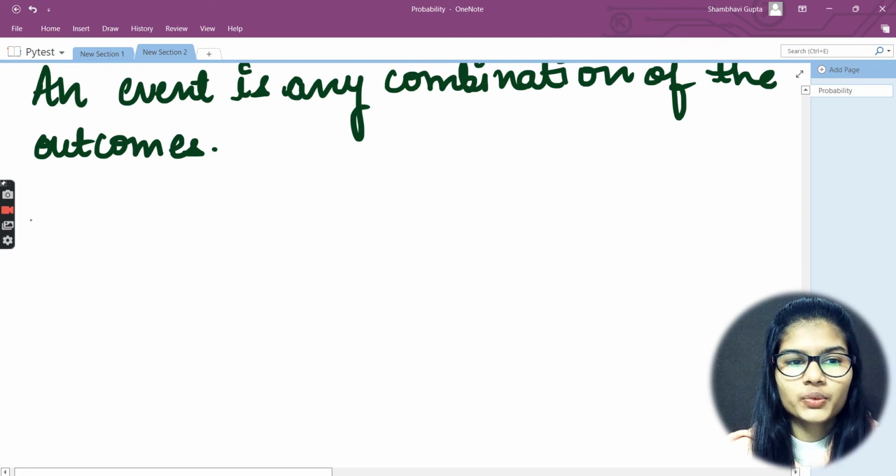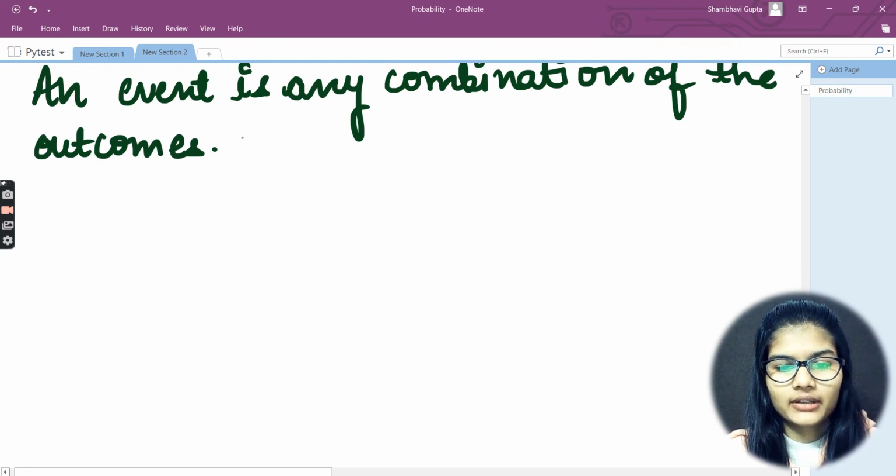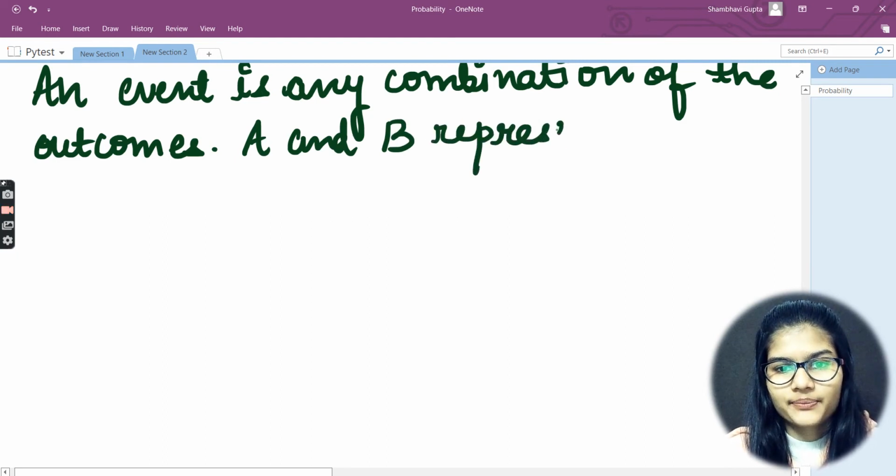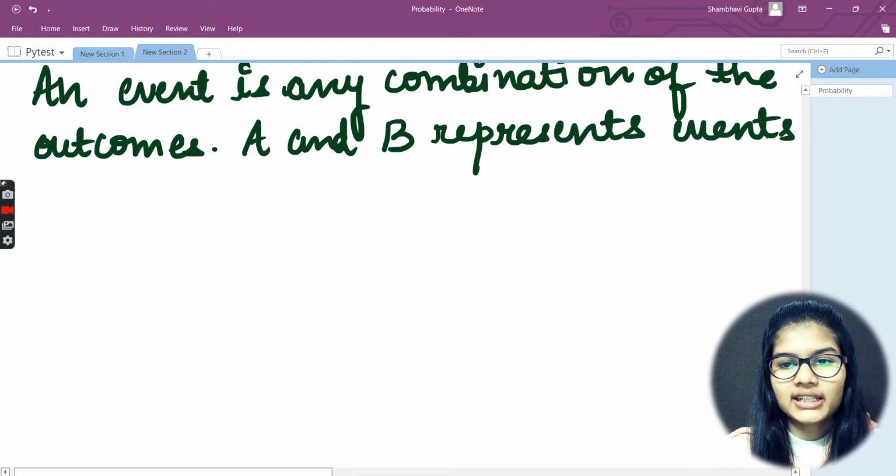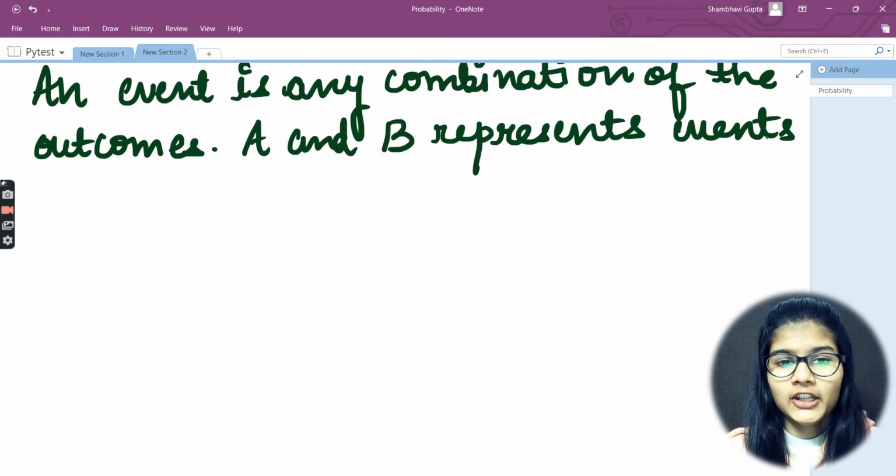So how do we represent the event? Capital A and capital B, the uppercase characters, represent events. These are the notations, the representation for the event.